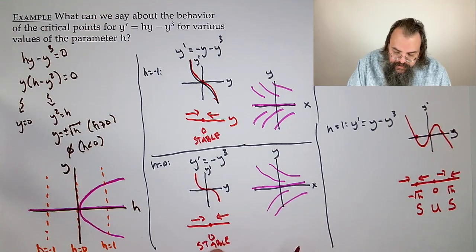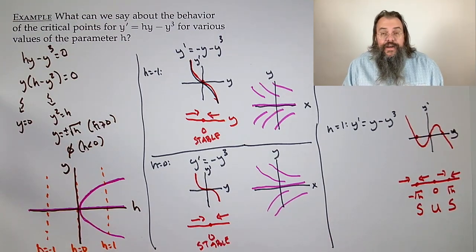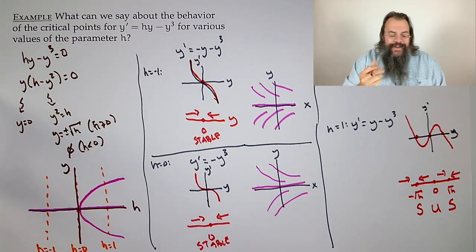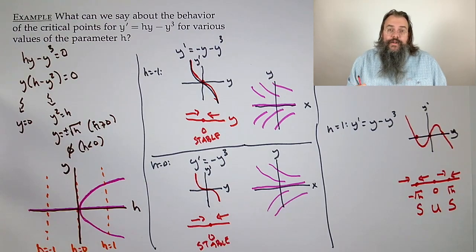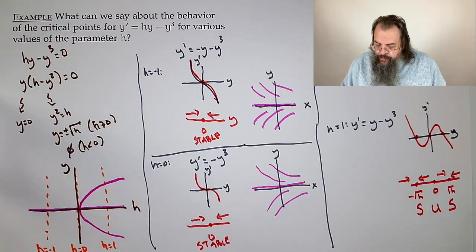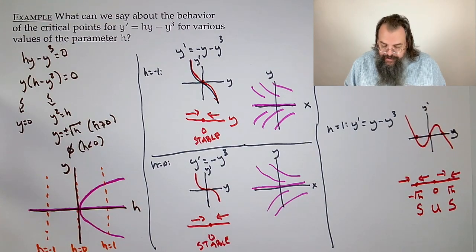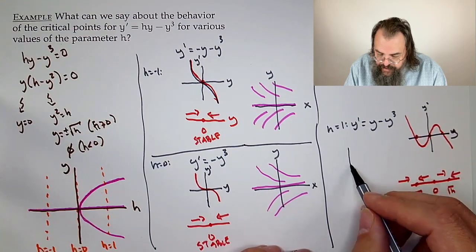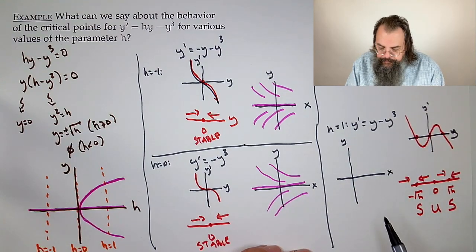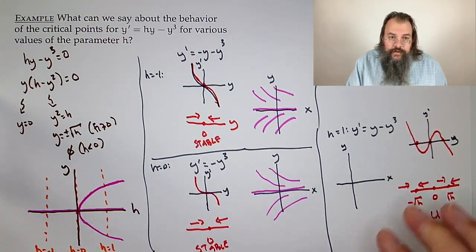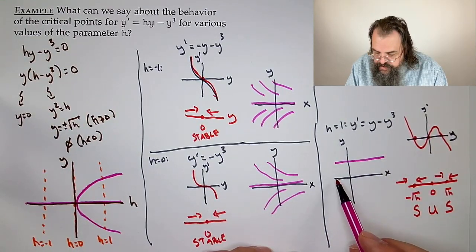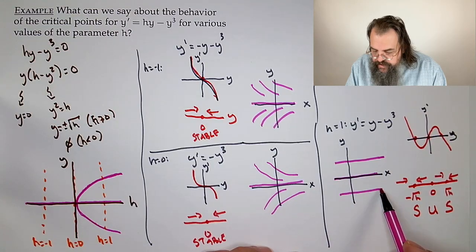Notice something. 0 used to be stable, but then it switches to unstable. So there's this sort of change in behavior, something dynamical going on. And this really is going into the topic of dynamical systems, which is a beautiful topic in math. So what do our solutions start to look like? If we have our x, y, we have our 3 solutions: positive root h, 0, and minus root h.